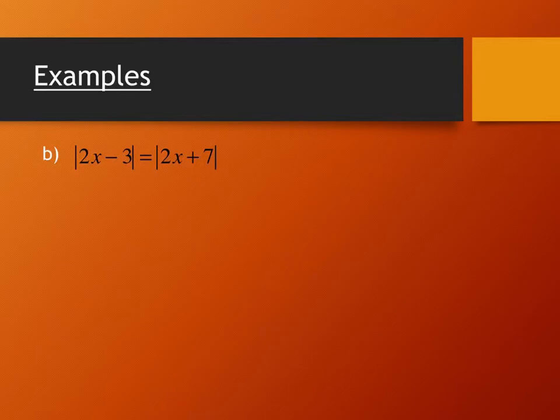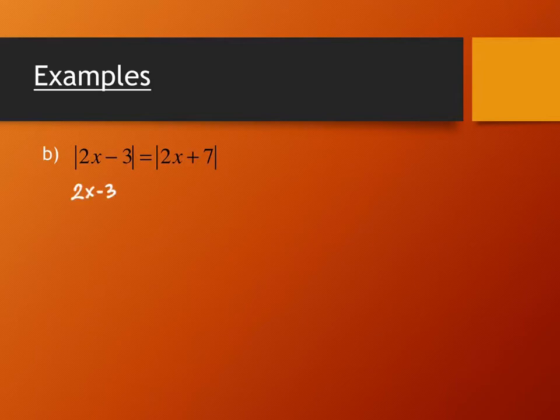And if the right-hand side's negative, well, all the signs change, right? So if I change all the signs on the left and I change all the signs on the right, then I have, again, the quantities equal to the same thing that they originally were, because I've multiplied, in essence, everything by a negative 1. So one possibility is that the two quantities are either both positive, and I just lift the absolute values, or they're both negative, and I multiply everything by a negative 1, which makes them equivalent.